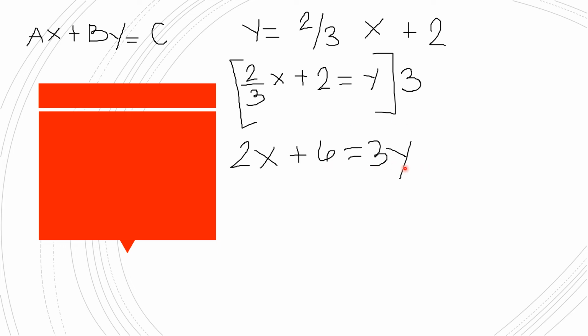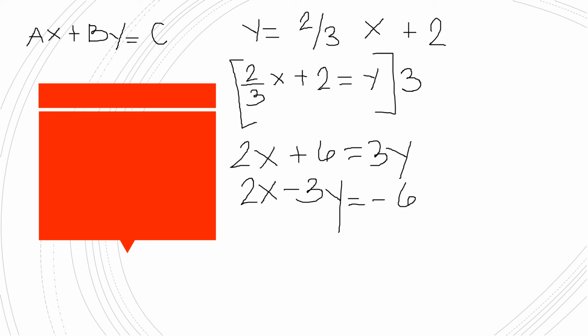So, if we move 3y, it becomes negative. So, it becomes 2x minus 3y is equal to, we also move 6 to the right side, the positive becomes negative. So, it becomes negative 6.